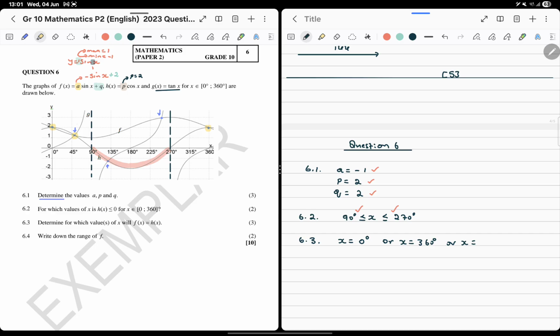or x is... Now we have a problem with this one. To figure this one out is a bit of a situation for just 3 marks, and we can clearly see that this 3 marks is just whatever that would be there. But now what is it? We can guess it if we like.